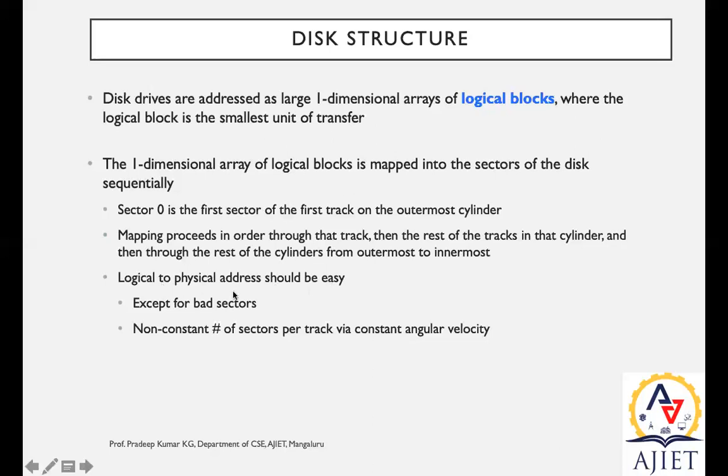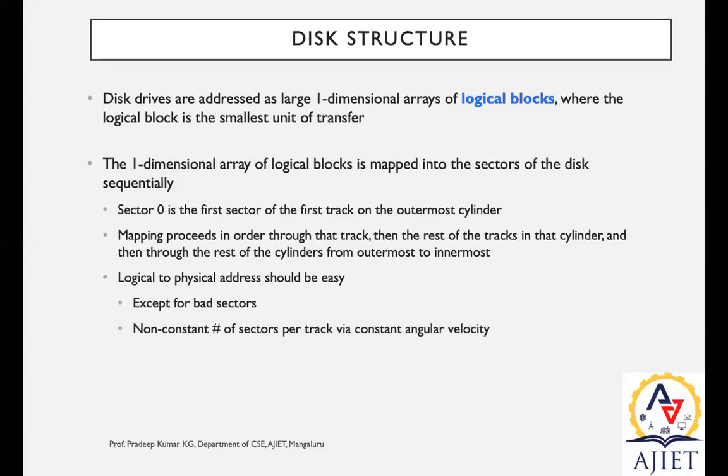If there is any damage to your disk drive, it will come up with bad sectors. If it is very difficult to read data from that particular position, or very difficult to write to it, it will be treated as a bad sector. And a non-constant number of sectors per track with constant angular velocity is again a difficult phase.